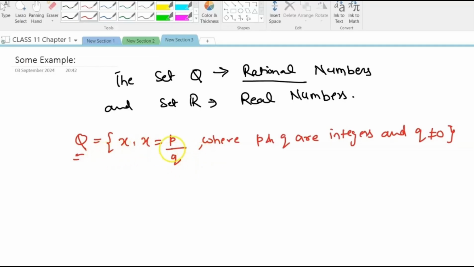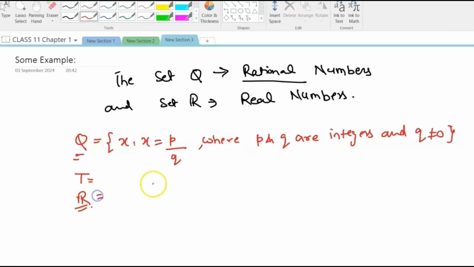And all the elements that we cannot write in the form of p by q, where p and q are integers and q is not equal to 0, are called irrational. We denote it by set T. And the numbers together, rational and irrational numbers together, make the set of real numbers.